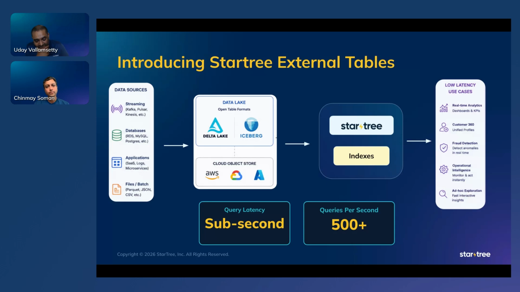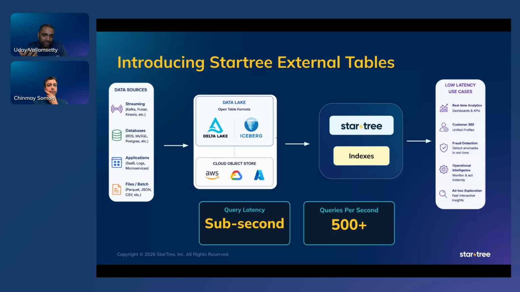So traditionally, Pinot has been a tightly coupled architecture, right? Your storage was co-located with the compute and heavily distributed. You have the typical architecture. You have brokers, you have data carrying nodes which are called servers, and you can keep adding more brokers and more servers as you scale.